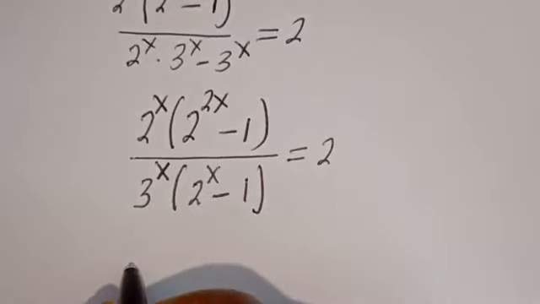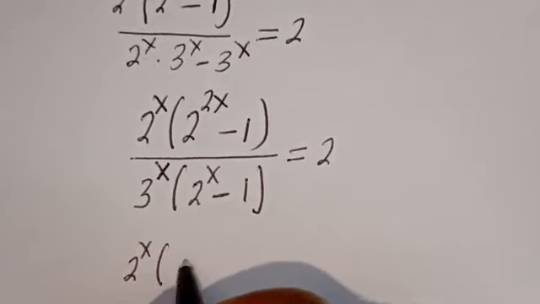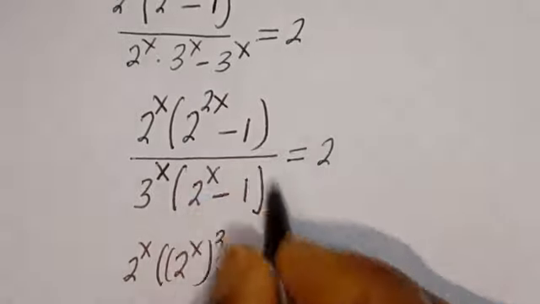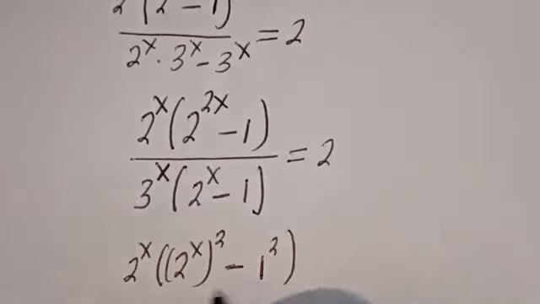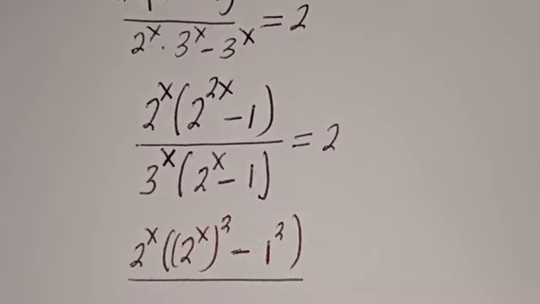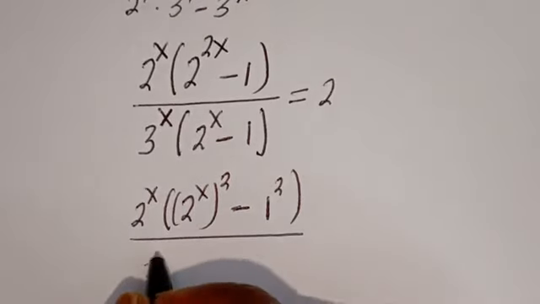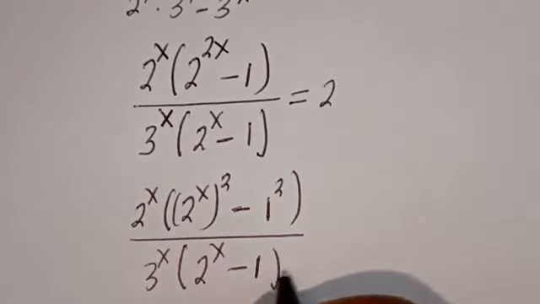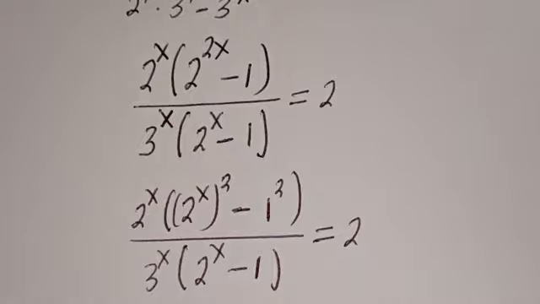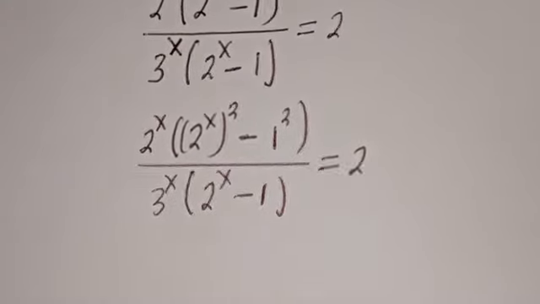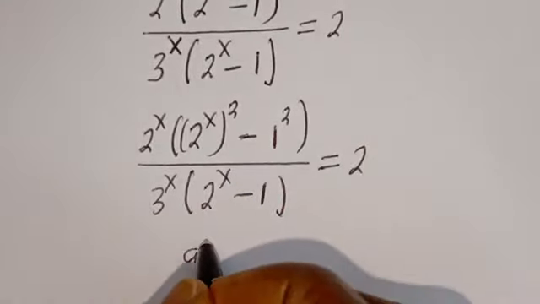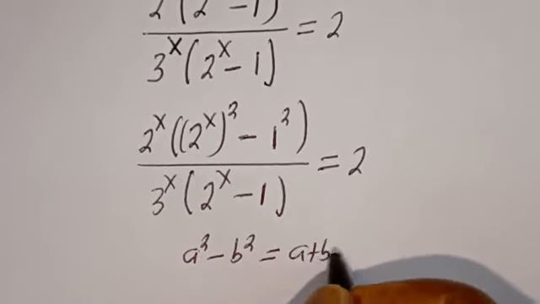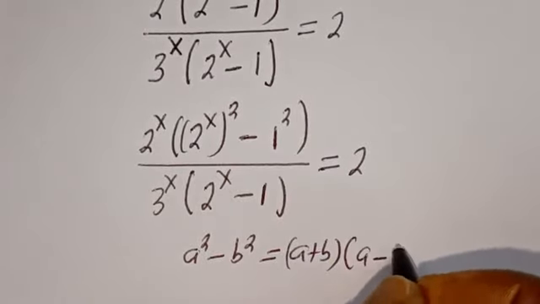Then this can be written as 2 to the power of x bracket, 2 to the power of x squared, minus this one can be written as 1 squared, divided by, we have 3 to the power of x bracket 2 to the power of x minus 1, is equal to 2. Take note of this, that if you have from the numerator here a squared minus b squared, this is equal to a plus b bracket a minus b.